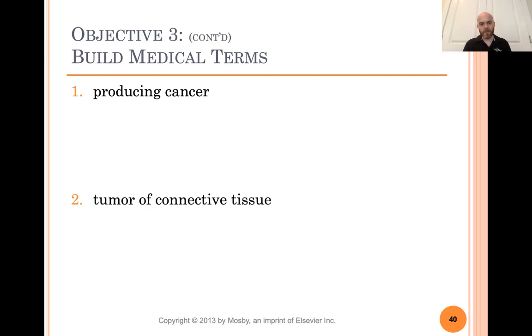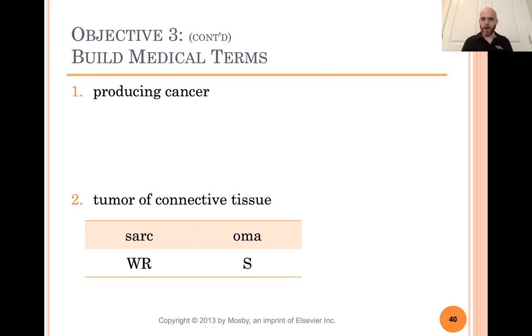Tumor of connective tissue. That would be onc or, it just left me. Sometimes Mr. Allen has brain farts. Onc or carcin, and of connective tissue, which is, what was connective tissue? Sarco. So it would be sarcoma.